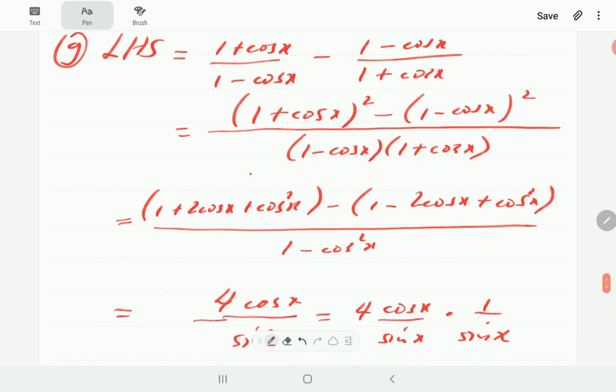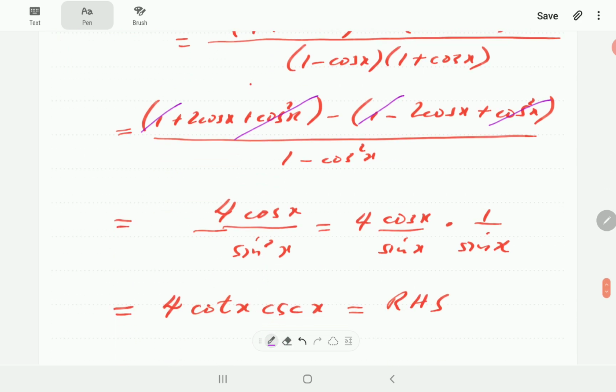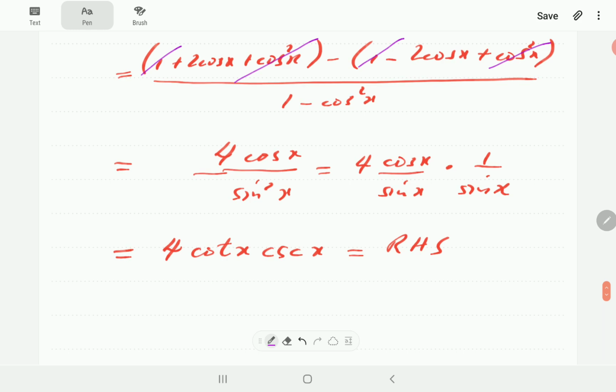Then when you open brackets here, you're going to notice that the ones will cancel out and the cosine squared terms will cancel out, and then these two will add up to 4 cosine x. Then if we split this into cosine over sine times 1 over sine, cosine over sine is cotangent, 1 over sine is cosecant, and so this is the same as the right hand side.